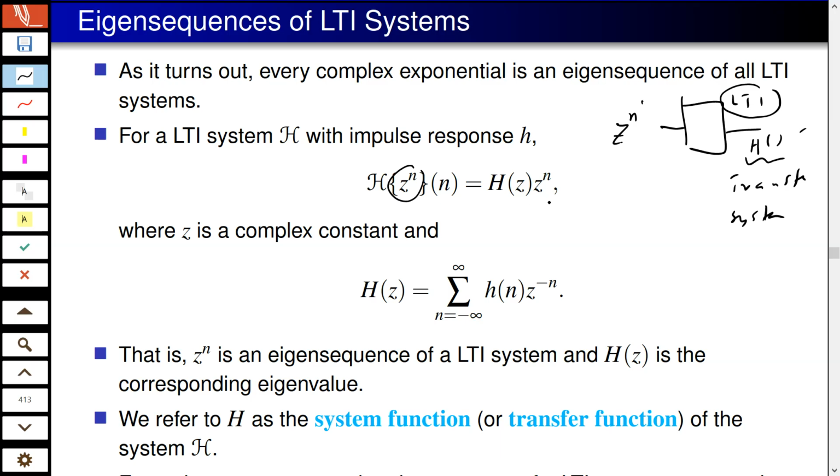If you follow similar reasoning for LTI, it turns out that the shape z to the n doesn't change. The output is of the same form, and all this system does is multiply it by a complex scalar, and that is what we will call the transfer function or the system function. So H of z for discrete time systems, H of s for continuous time systems.